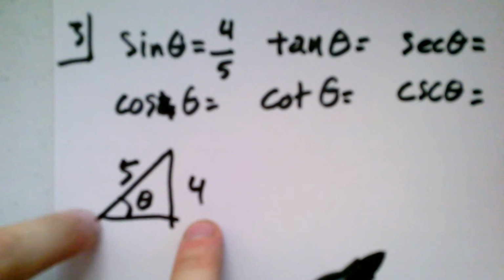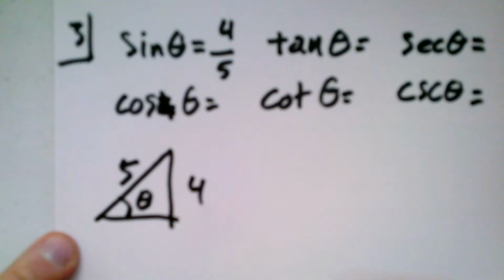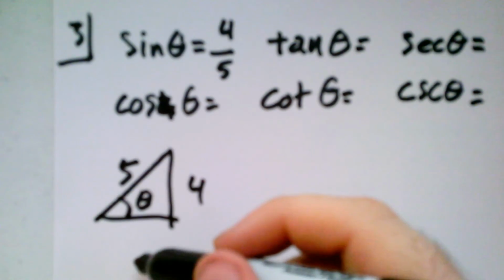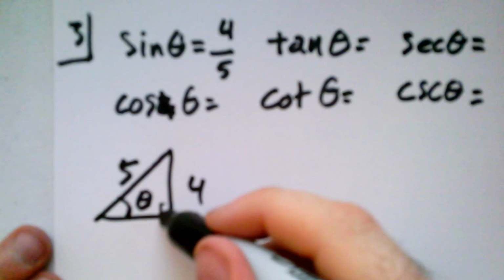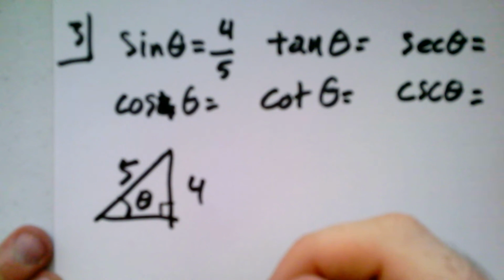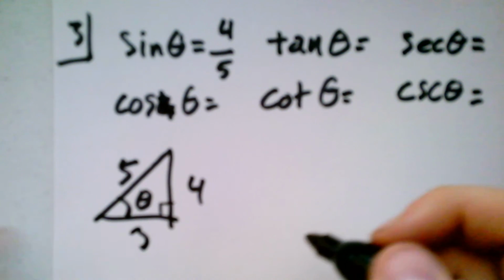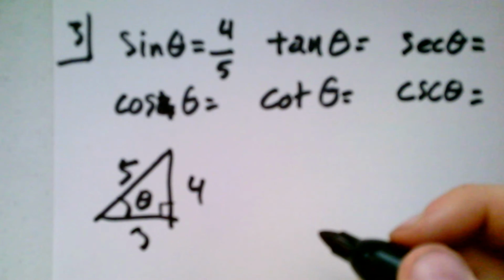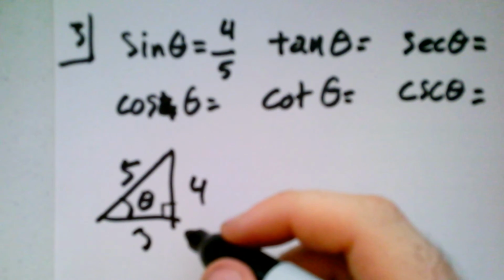I choose 4 and 5 because that's pretty much the easiest thing that we could pick. Now we have to figure out, well, what's the remaining side? Well, we know that there is such a thing called a 3, 4, 5 right triangle, so we know the side is 3. Or we could use the Pythagorean theorem to calculate that last side. Either way is fine.